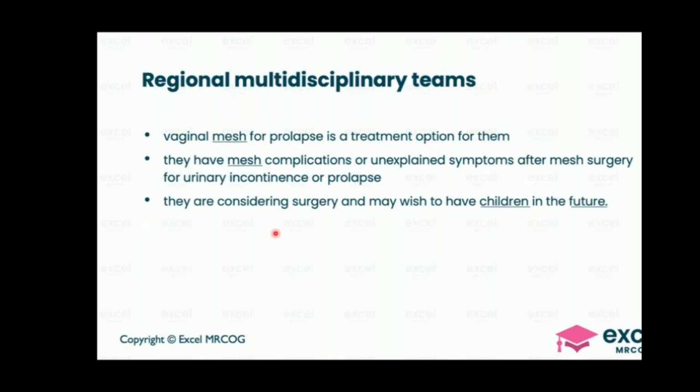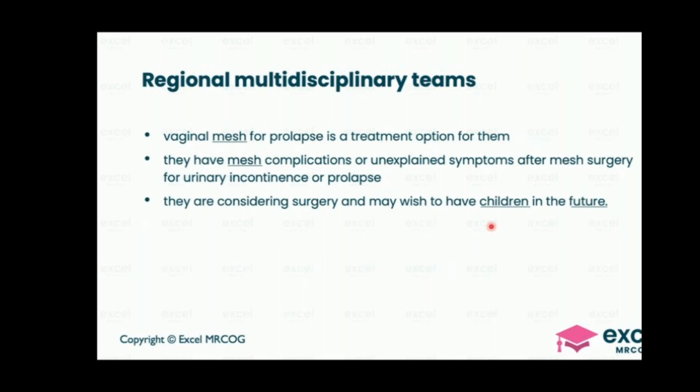Okay, and most importantly, when they are considering surgery and wish to have children in the future. This may come as one of the questions, the last point. So if fertility is desired, remember, SUI surgery is not normally offered to women who want to have a further child, because that surgery may fail after the next delivery. Such people, the surgery that can be used is the bulking agent.